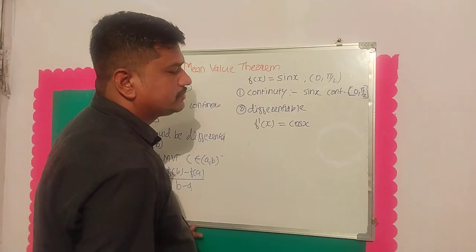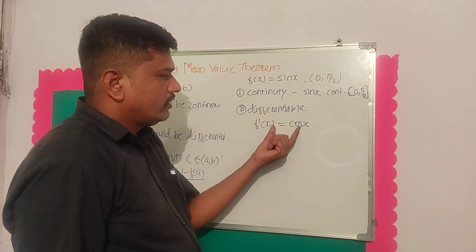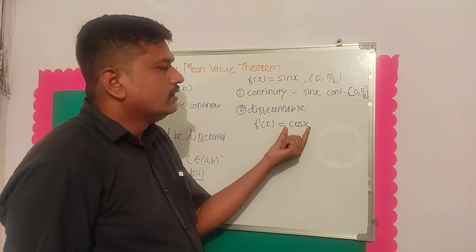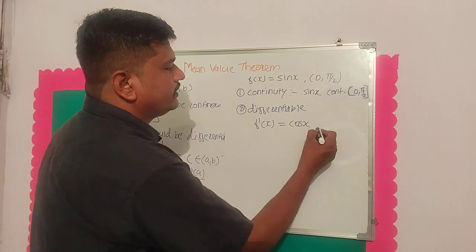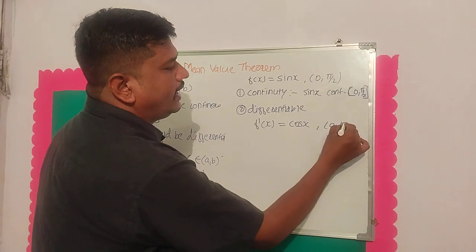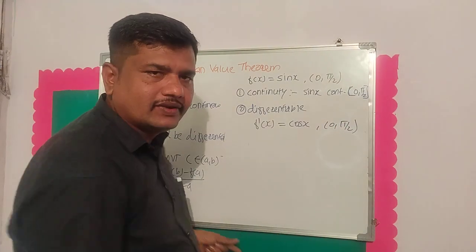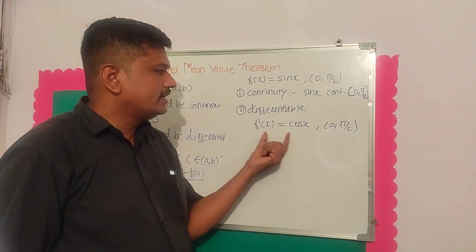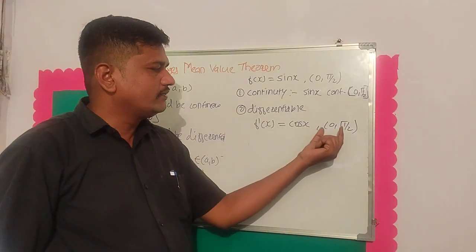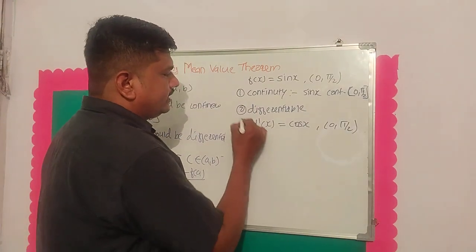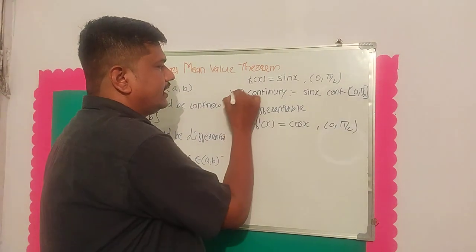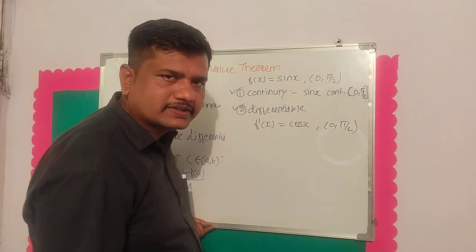So the derivative is possible, and the value of this derivative within the open interval 0 comma pi by 2 has all valid answers. The answer for f dash of x will be valid for 0 to pi by 2. That's why we can say that it is differentiable as well. It is a continuous function, it is a differentiable function.